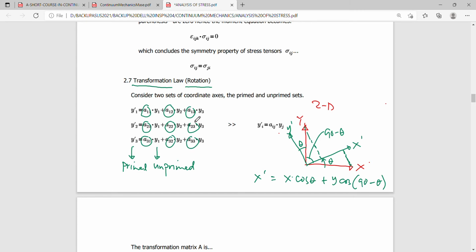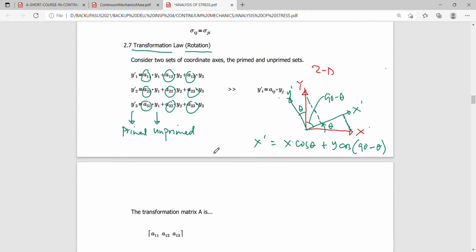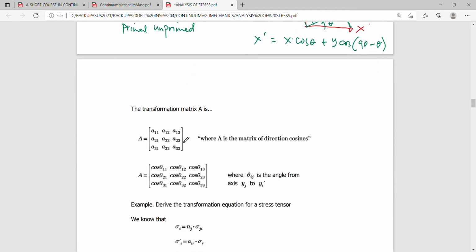So all of these values constitute a 3 by 3 matrix which defines your transformation matrix in this order, where A is the matrix of direction cosine, also known as the rotation transformation matrix.